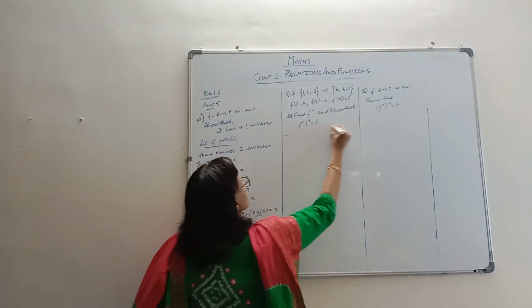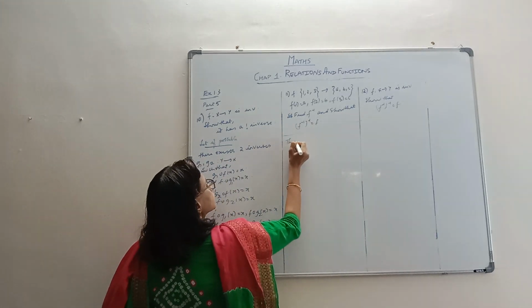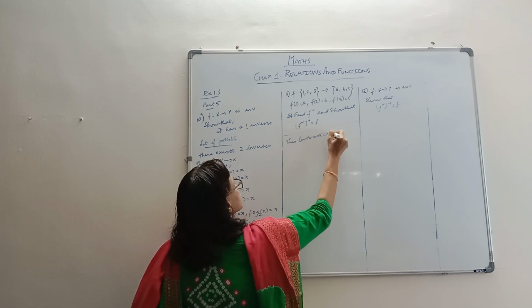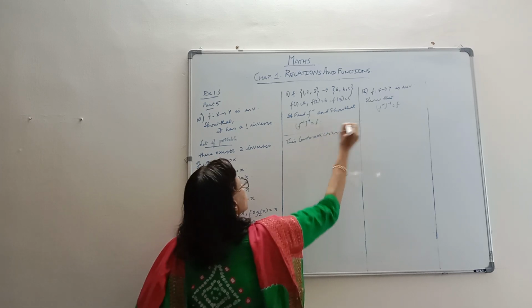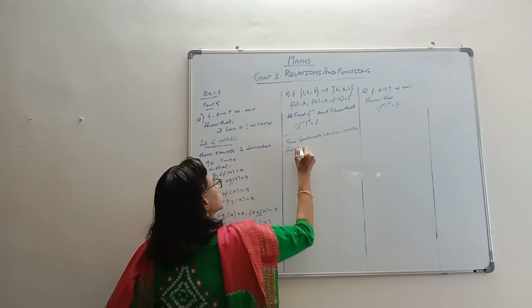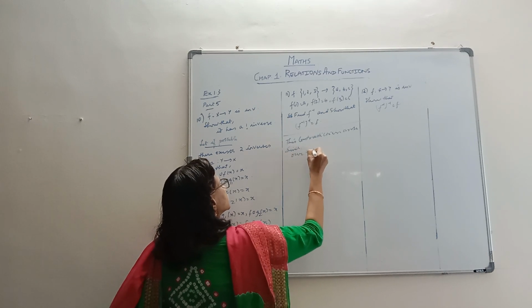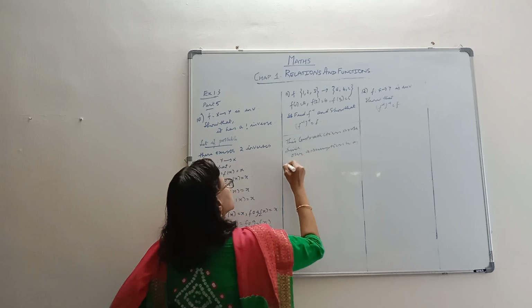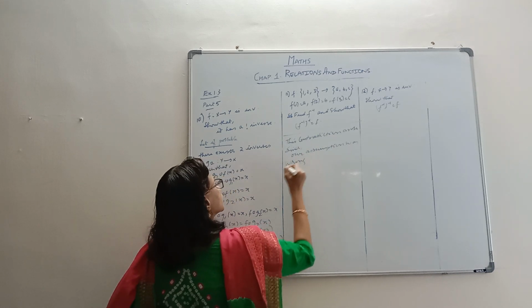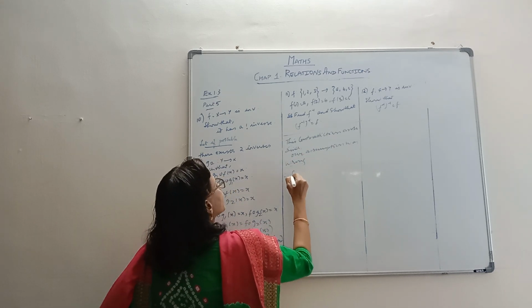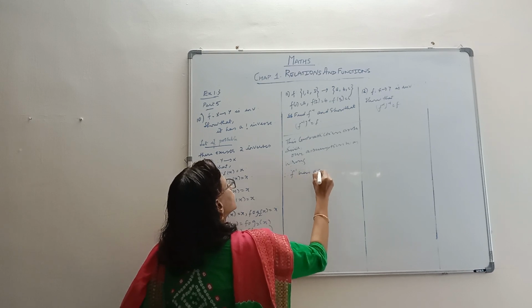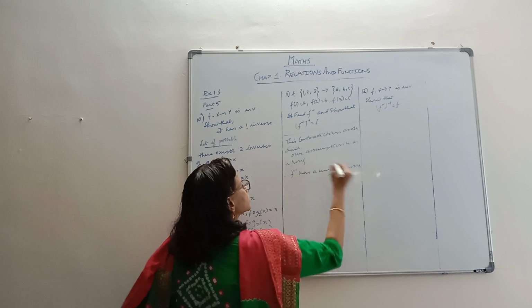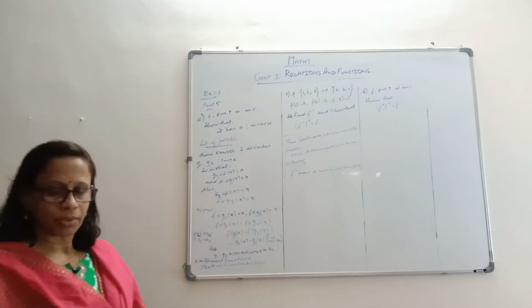This contradiction arose since our assumption was wrong. Therefore, f has a unique inverse. We're done with that, right? That is our problem number 10.